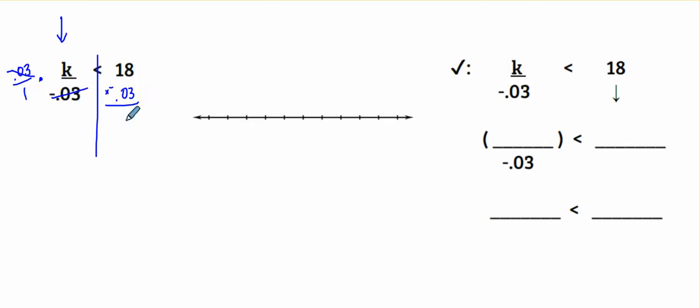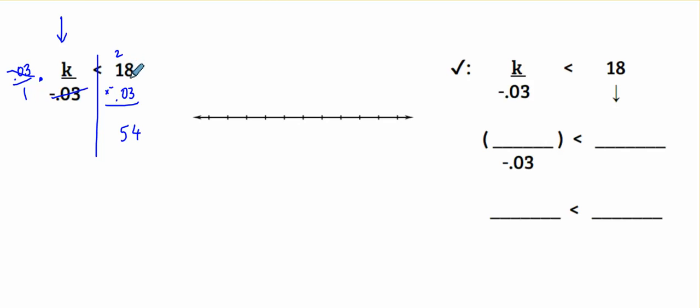So 8 times 3 is 24. We carry the 2. 1 times 3 is 3 plus 2 is 5. And then we don't need to keep going because the next number that we would multiply by is 0. So at this point, all we've got to do is figure out where does my decimal go. And the way that we know that is we count the number of digits that are behind the decimal in the problem itself.